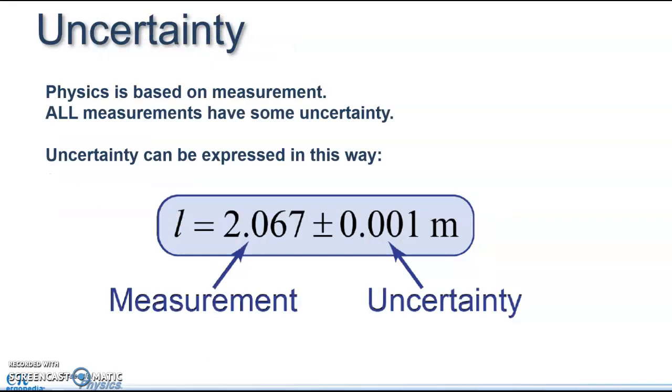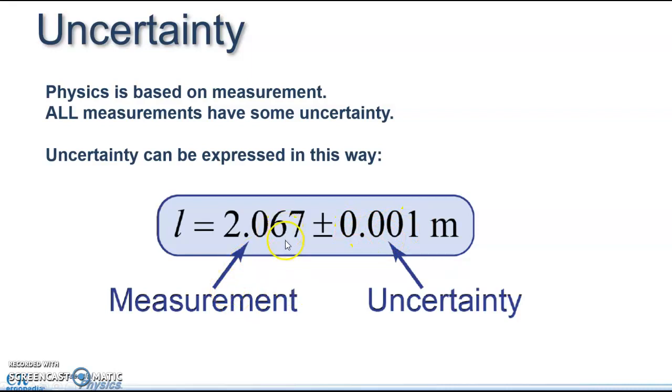Alright, so let's talk about uncertainty. So all measurements have uncertainty, and that's because measurements are taken with some type of measuring tool. So you might see a measurement given, and it has this plus or minus and a number after it.